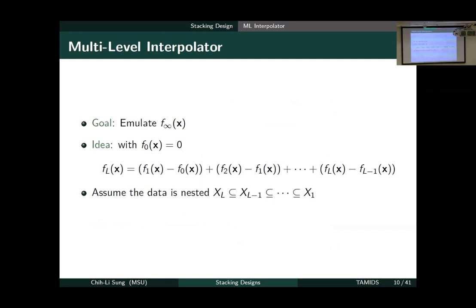I'm just going to, for example, observe this data from these outputs, just a single function. Then I can just build an interpolator using this observation. In fact, I will denote this the single fidelity interpolator. Thank you. Any other questions?